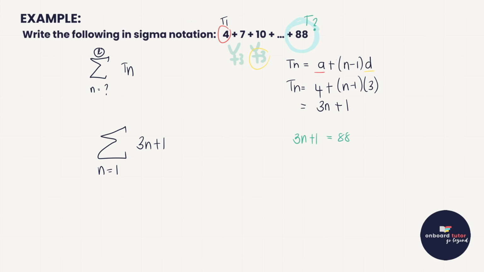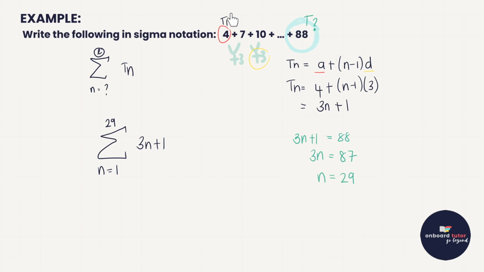So 3n is equal to 87. And if I divide both sides by 3, I end up with n is equal to 29. And that is the final piece in my puzzle. That helps me to say the last value that I substitute in is 29. And so there we've done it, grade 12s.